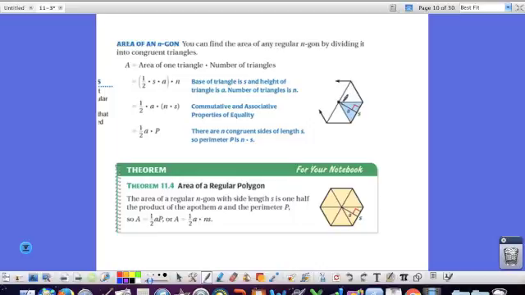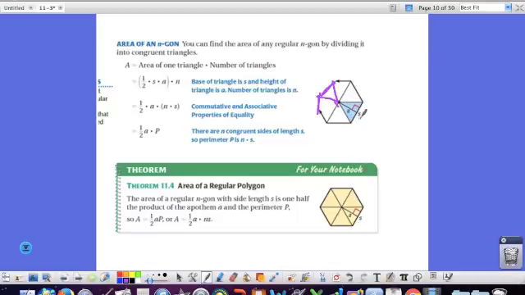So the first thing you need to understand is that the apothem of the regular polygon, basically from the center to one of the sides, is also going to be the altitude of an isosceles triangle. In this shape here, if I continue drawing the sides, we would have a regular hexagon, so that could be divided into 6 congruent, that's a bad drawing, but 6 congruent triangles.